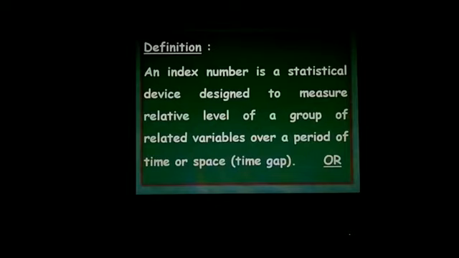So now we have arrived at a proper understanding of index numbers. It is a statistical device designed to measure the relative level of a group of related variables over a period of time or time gap. One more way it can be defined, that's why we have given OR.